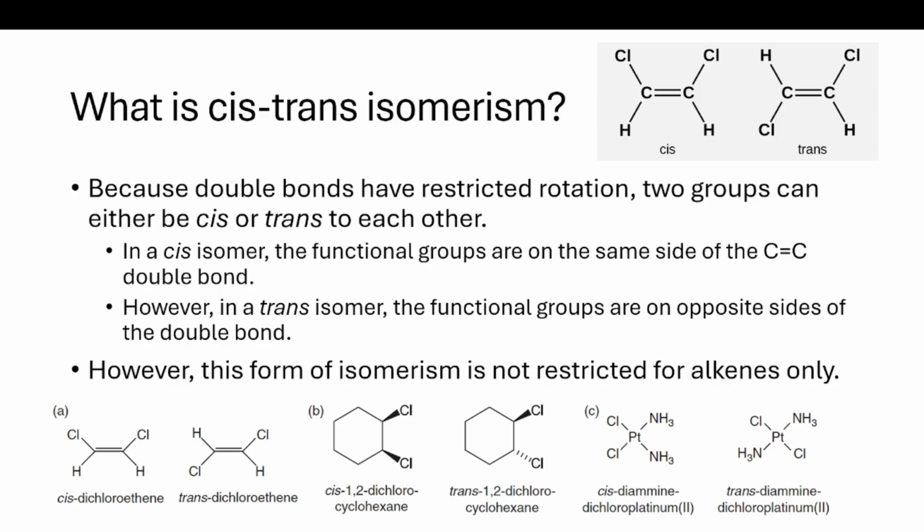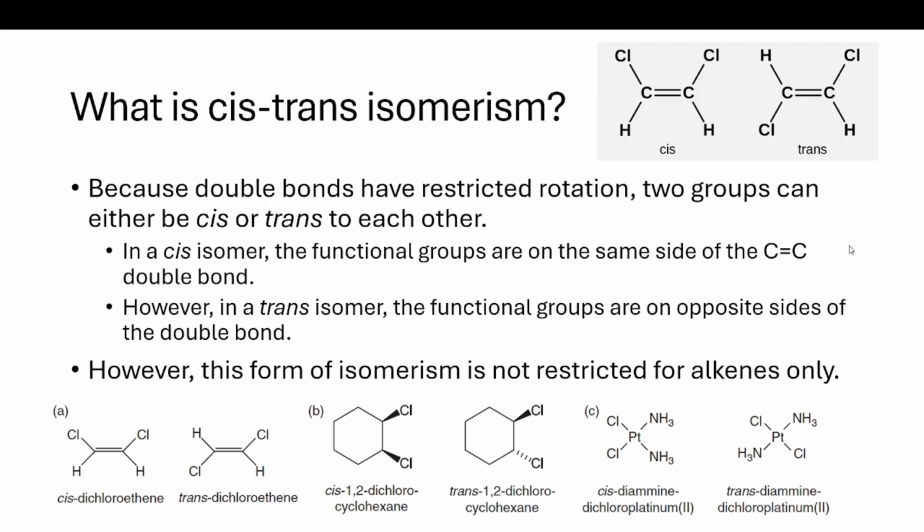Now, because double bonds have restricted rotation, we can have two groups either be cis or trans to each other. So, in a cis isomer, for example, we have this molecule right here. We can see in the cis isomer, the chlorines are going to be on the same side of that double bond. But in the trans isomer, the chlorines are going to be on opposite sides.